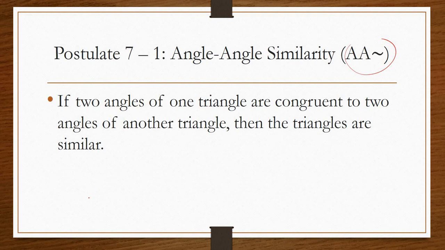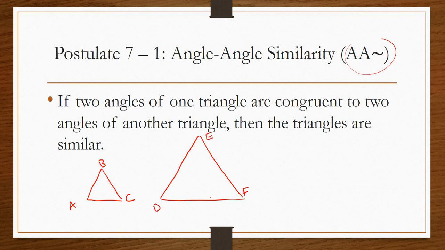are similar. So if I have two triangles, we'll call one ABC, and I have another triangle, DEF.